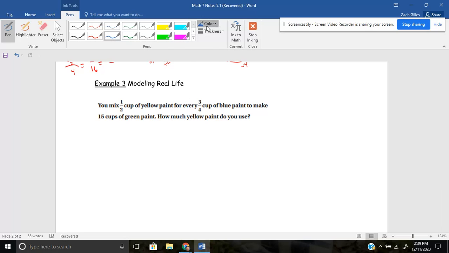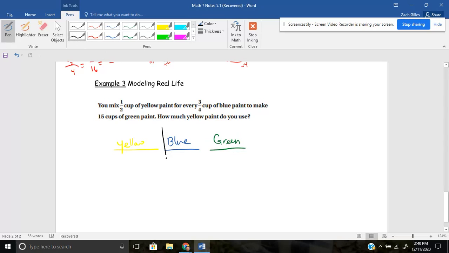So let's see if I have a yellow here. That's not too blinding. Let's make a table. I've got yellow paint, and I've got blue paint, and when I mix those two together, I'm going to make green paint.